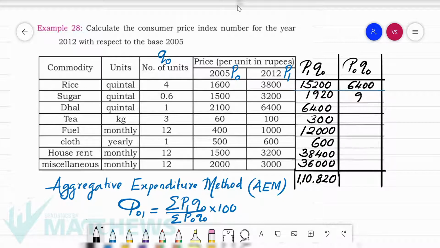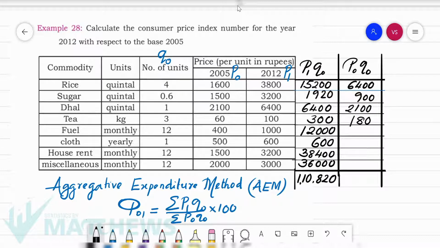It is 900. Okay, then next is 2,100 into 1, which is 2,100 itself. The next one is 60 into 3, which is equal to 180. Then the next one is 400 into 12, which is equal to 4,800 students.